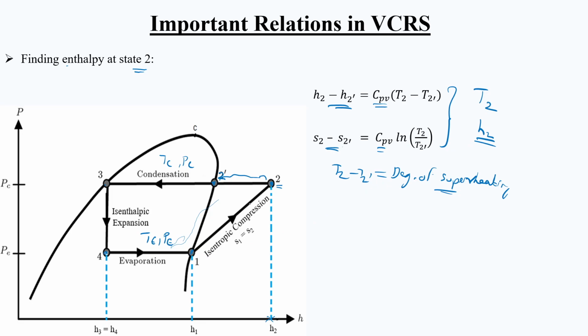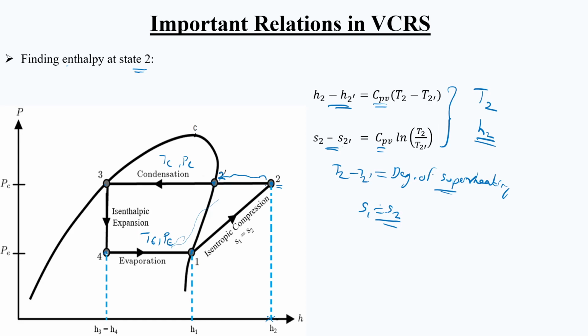Also, we know from process 1 to 2, S1 is equal to S2. S1 can be easily found from the chart or graph. Similarly, the entropy at S2 dash can also be easily found from the chart or curve.